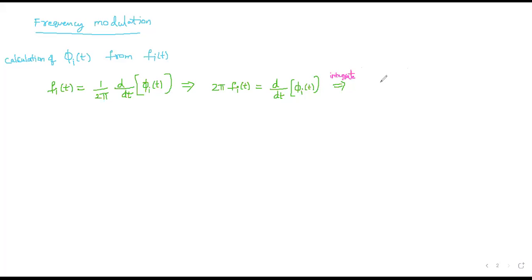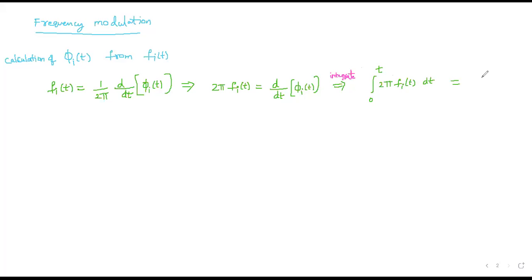On the right hand side I get phi i of t directly, and this side becomes the integration of 2 pi into fi of t dt from 0 to t.